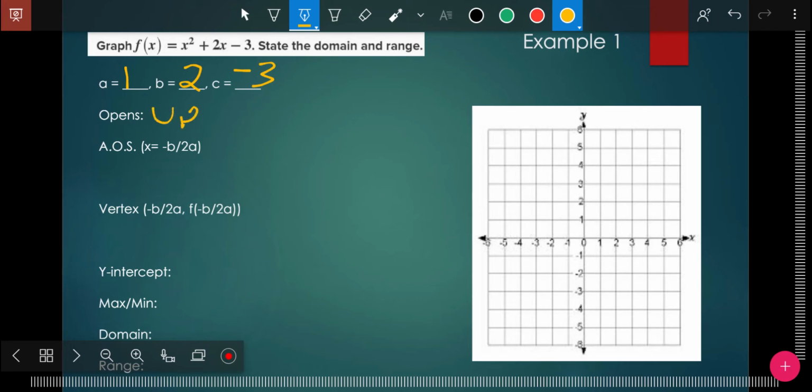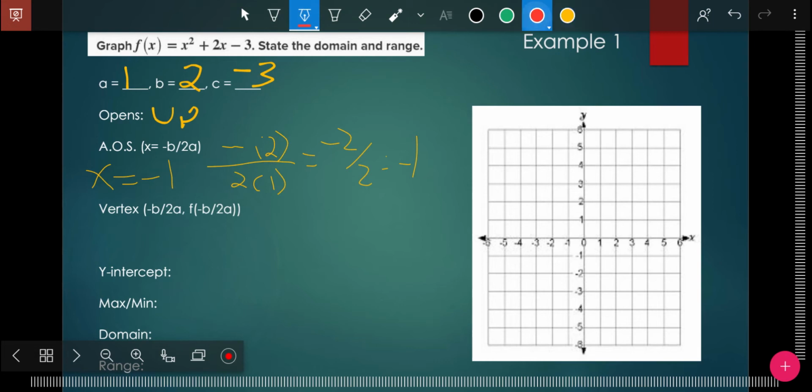I'm going to plug in negative b, which was 2, over 2a, a was 1, gives me -2 over 2, gives me -1. And so x equals -1 is my axis of symmetry.